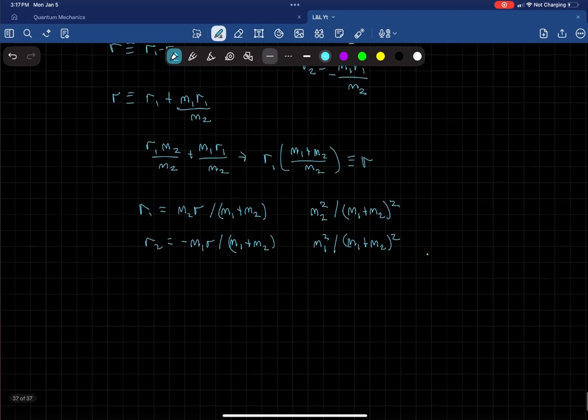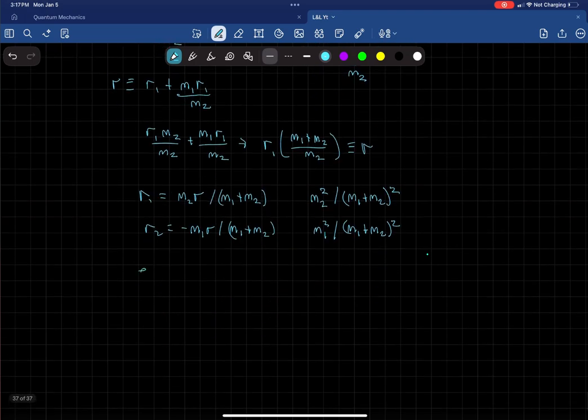Plugging this into my Lagrangian, I would get L equals 1/2 m1 times m2 squared over m1 plus m2 squared plus 1/2 m2 times m1 squared over m1 plus m2 squared.